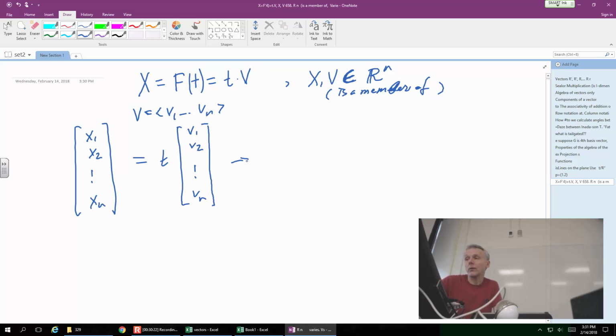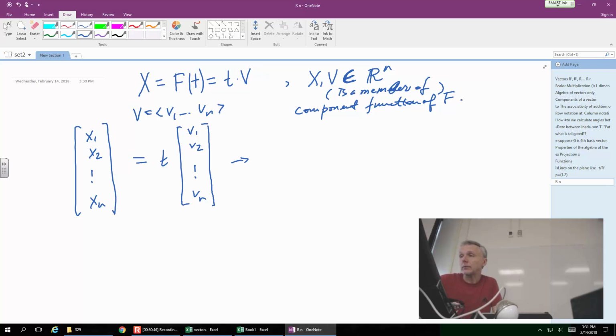Then what I do is split it into component functions. Components of x and components of v match, and they create component functions of F capital. Once again, F capital, or anything capital, stands for vectors, so that's a vector-valued function.